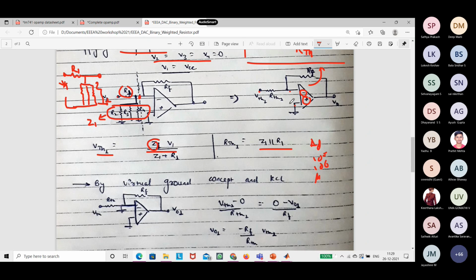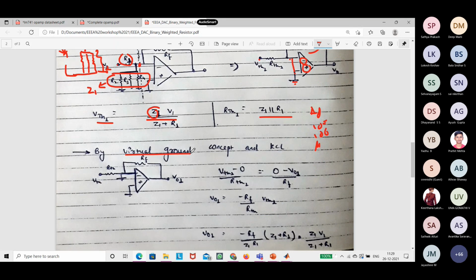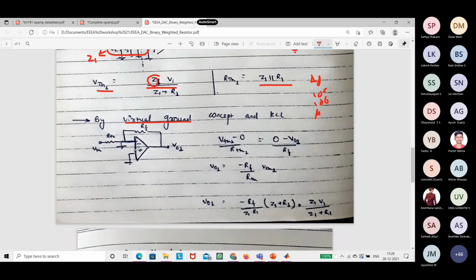So instead of thinking that way, we say it is virtually shorted. Both the terminals are shorted. Since the positive terminal has been attached to ground, that is the concept of virtual ground. In the same way, this terminal is grounded as well.